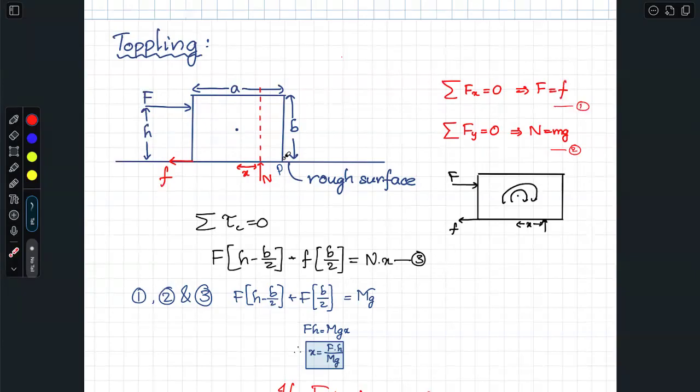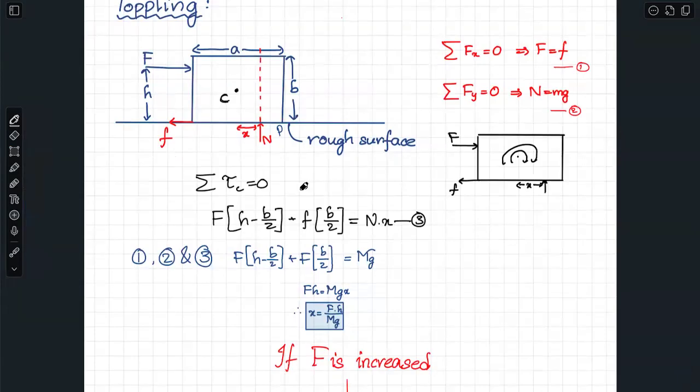But in this process, the normal reaction will not pass through the center. Why? It shifts along the direction of application of force like this. Imagine that this is point C, and this is at a distance x.